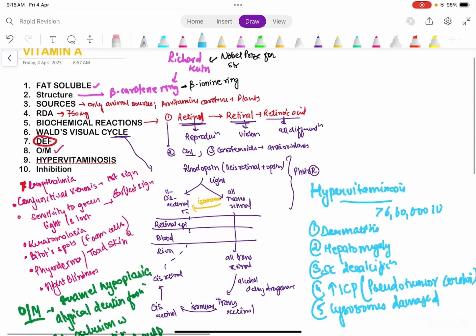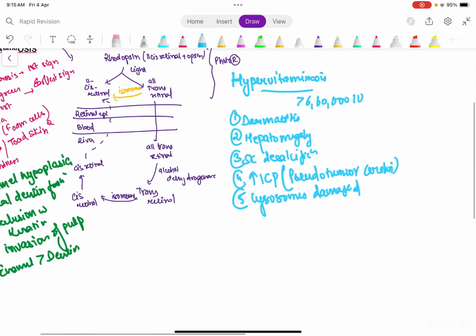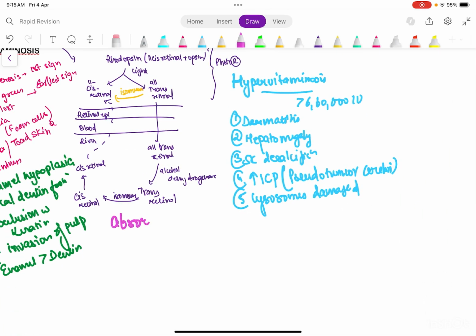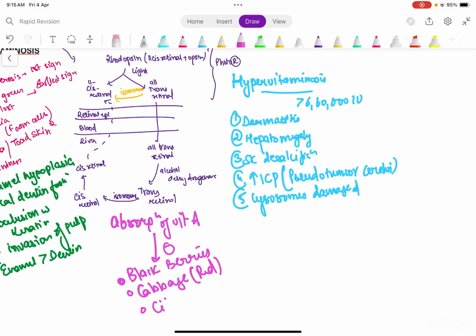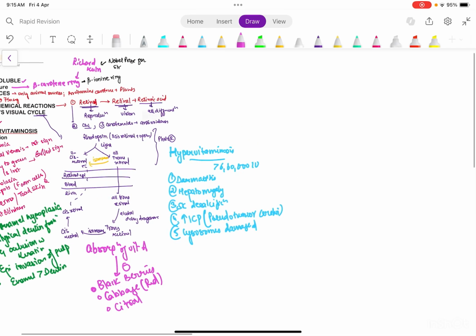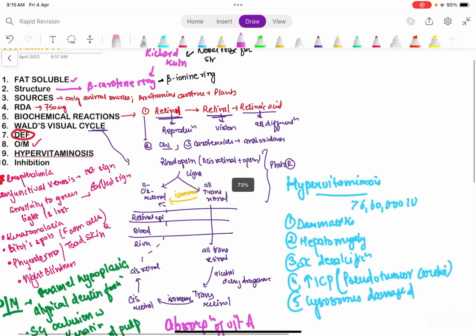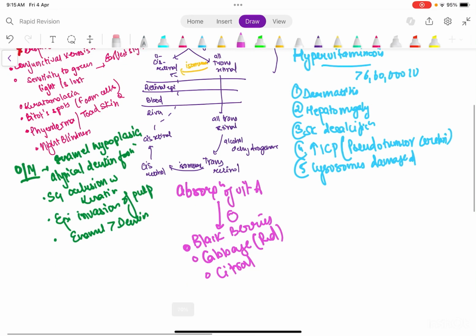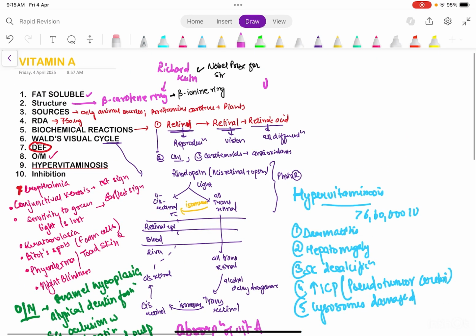Then inhibition: absorption of vitamin A is inhibited by blackberries, cabbage, red cabbage, and citral. Then one more question, I'll just write it here.